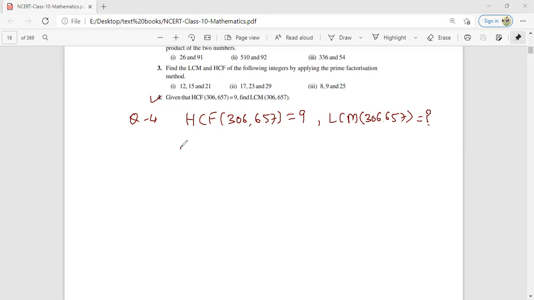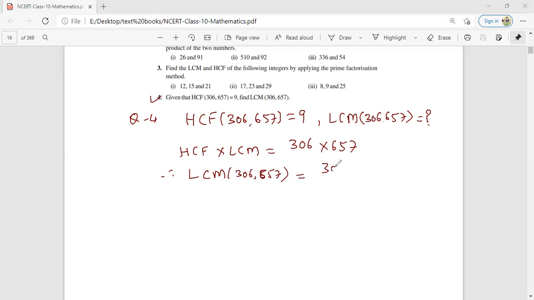So as you know, we have the formula HCF into LCM. Here HCF into LCM will be equal to the product of numbers, meaning 306 into 657. But HCF we know, we have to find the LCM, therefore we can write the LCM of 306 and 657 will be equal to 306 into 657 divided by HCF.